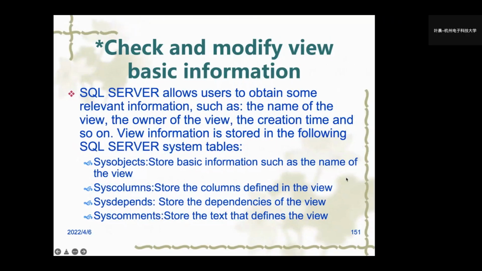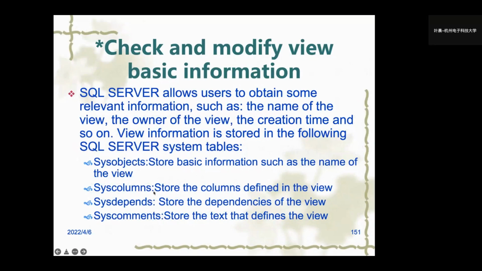So we can see that these four system tables store the view information. The system objects table stores basic information such as the name of the view, and the system columns table stores the columns defined in the view.